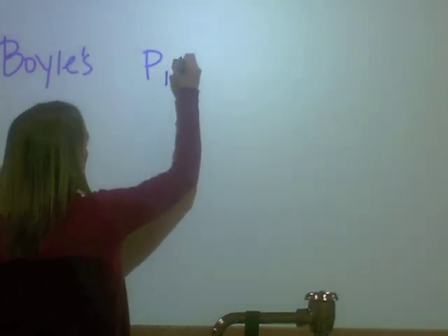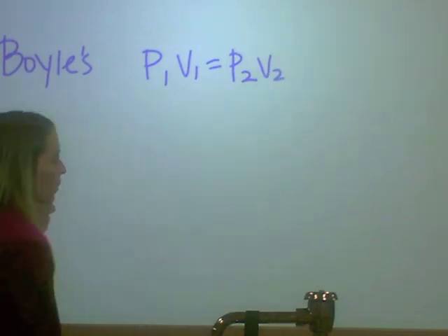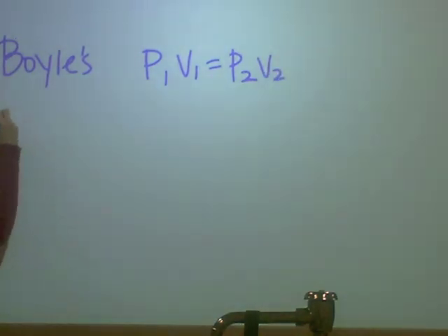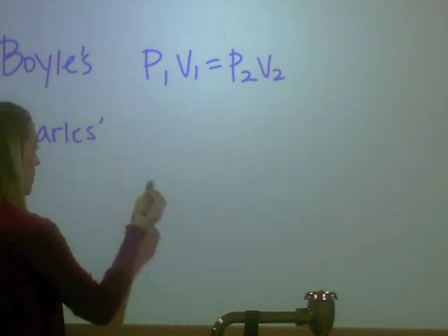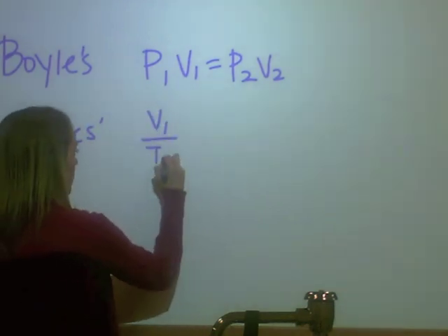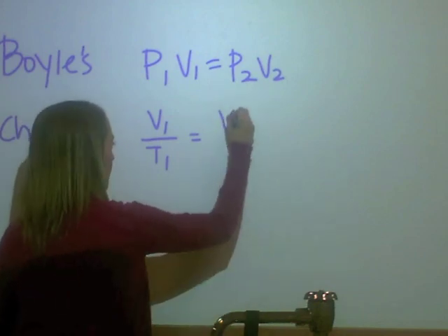So to review, let's talk again about the 3 laws quickly. Boyle's law: he said that as pressure increases, volume decreases. So P1 V1 equals P2 V2. Charles' law related volume and temperature. So V1 over T1 equals V2 over T2.